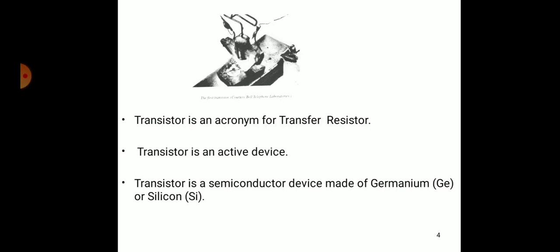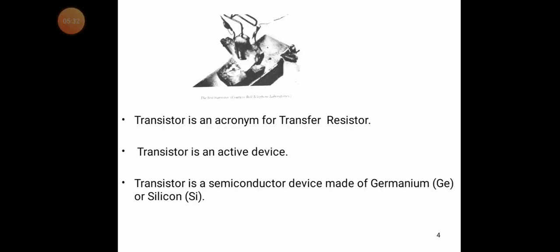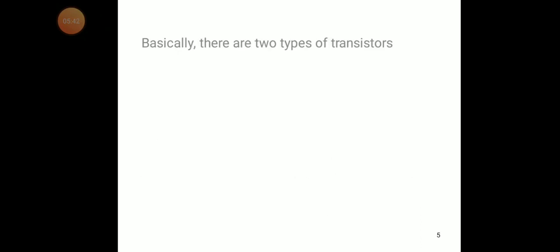The transistor may be made with germanium and silicon. The semiconductor materials we generally use are silicon and germanium. The manufacturing is also the same.